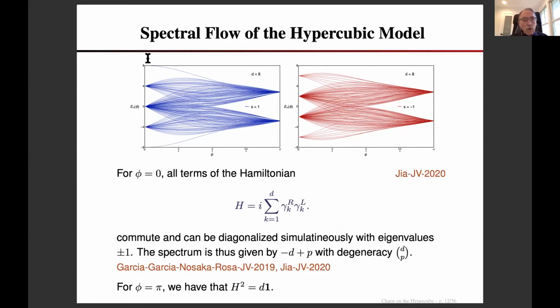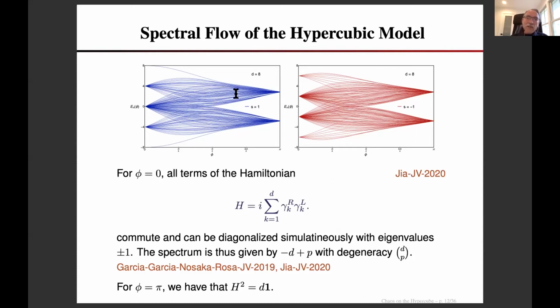For small flux, we just see a Zeeman splitting of all degenerate levels. And then at some point around here, this is the chaotic region. While for flux phi larger than pi over 2, the spectrum splits into 2 bands. We don't really understand that.